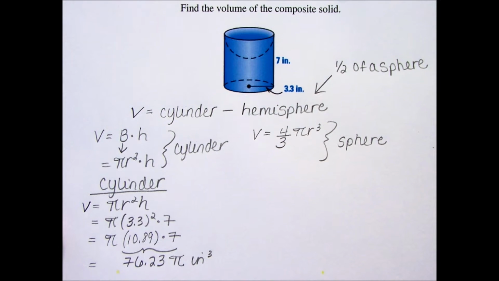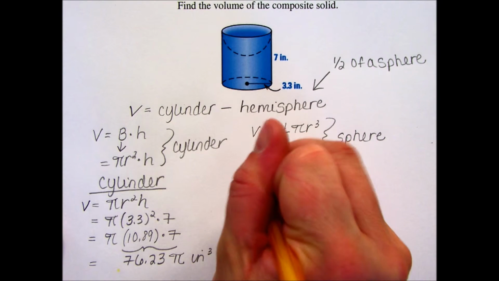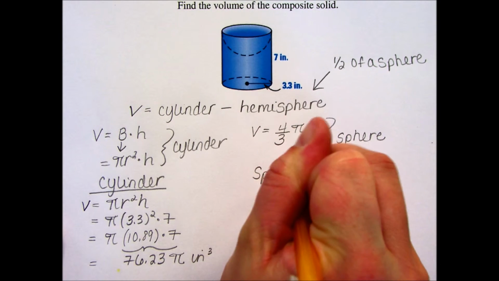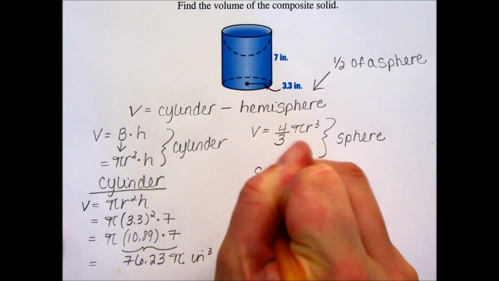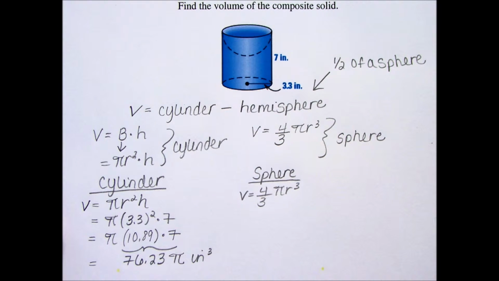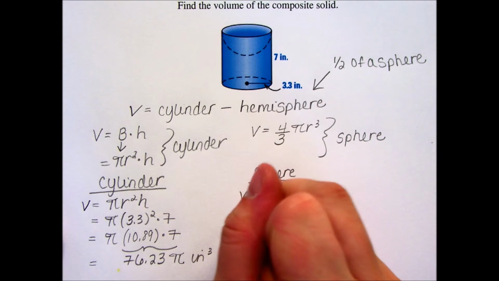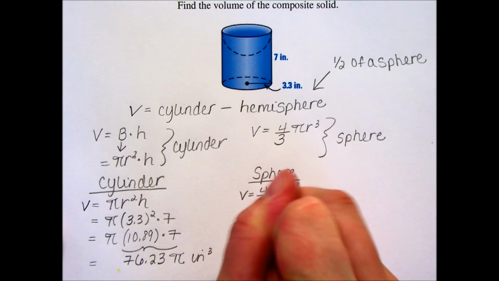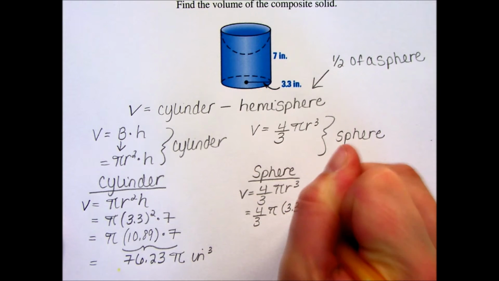Now we're going to move on to finding the volume of the sphere that is involved in this problem using the formula V equals 4/3 pi r cubed. And again, in this problem, r is the same as it was for the cylinder, 3.3. So we're going to replace r with 3.3. And we will continue to evaluate.